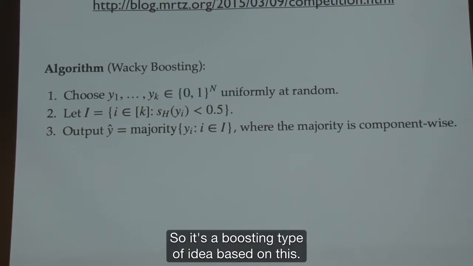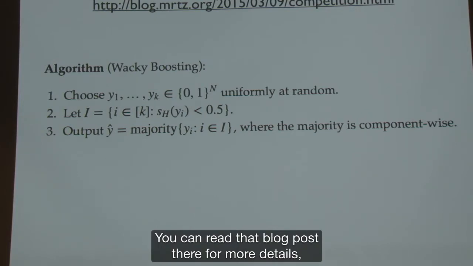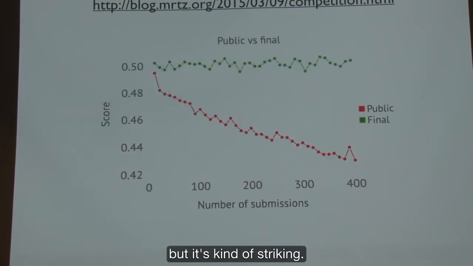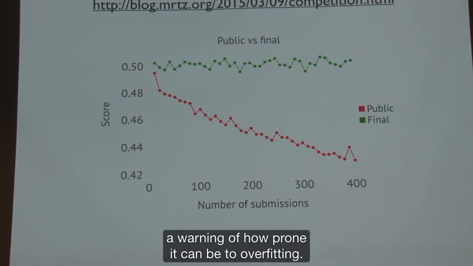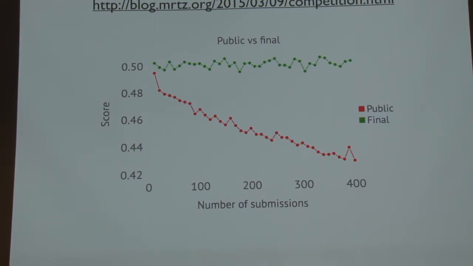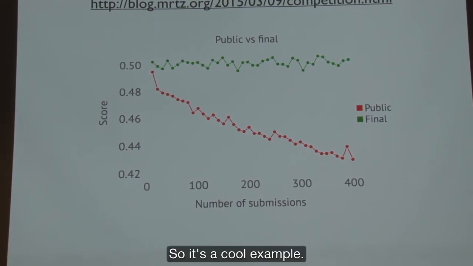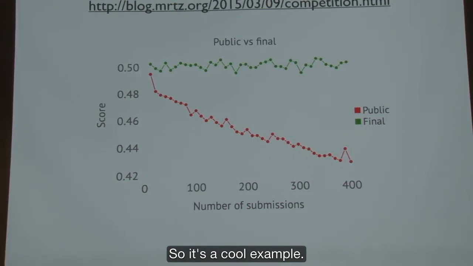You can read that blog post for more details, but it's kind of striking. On one hand, this is an indication of the power of boosting, but it's also a warning of how prone it can be to overfitting. So it's a cool example.